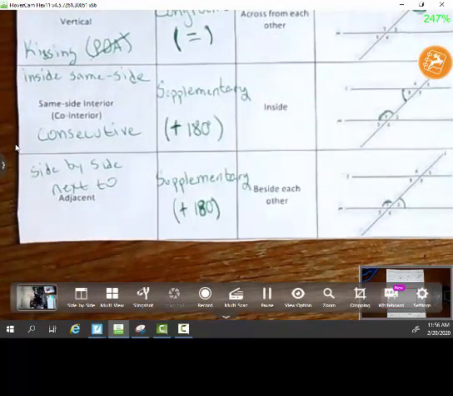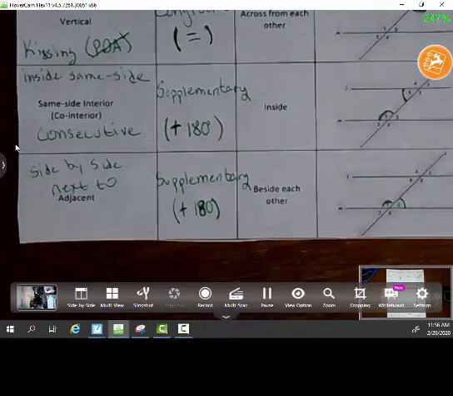Trim it down more. So are we going to have a vocabulary test? You'll have a quiz next Friday.